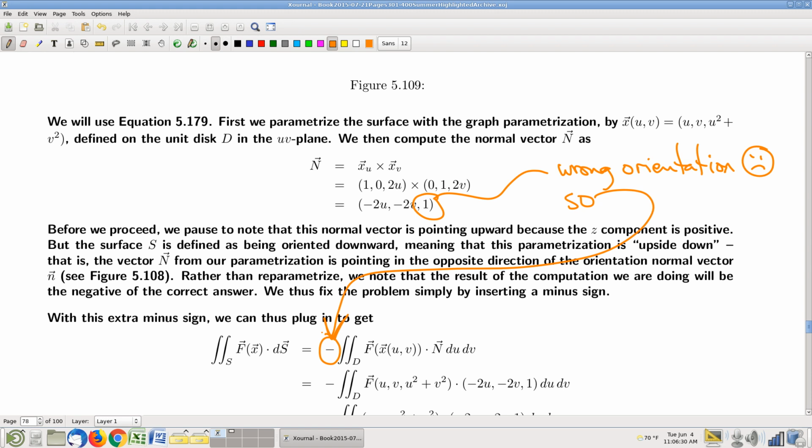Does that work for inward and outward as well? So there'd be a different cue. Here, the third component was the arbiter, because our two choices were upward versus downward. If it's inward versus outward, you're going to make different choices. So one thing you might do on a sphere, for example, is write down your formula for your normal vector, and then pick a point, like plug in the North Pole.